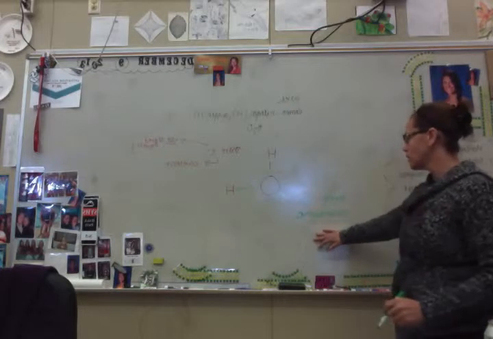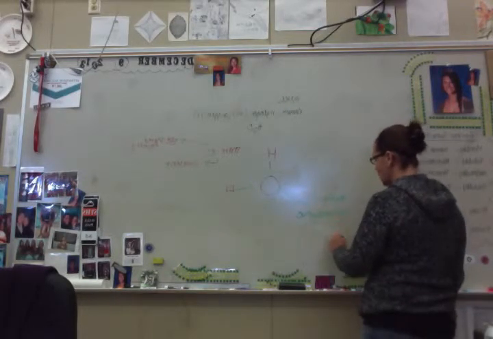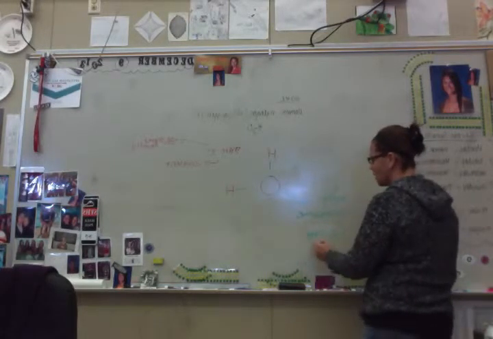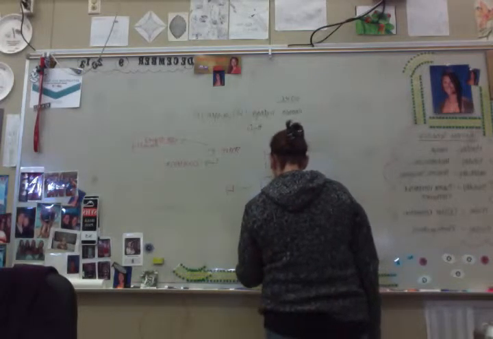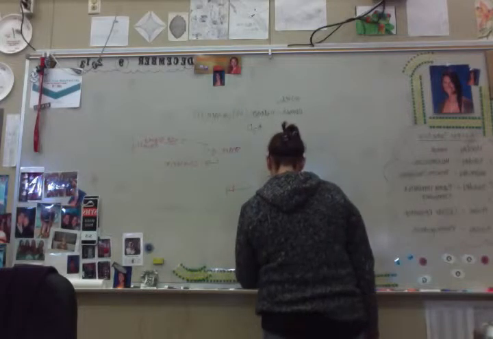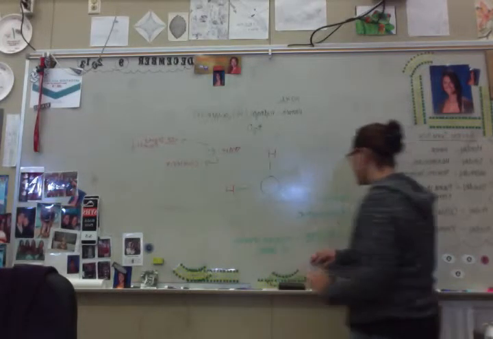Polarity. The result of oxygen being highly electronegative is that water is a polar molecule. Polar means that it has an unequal sharing of charge, or however you want to put that in your own words.